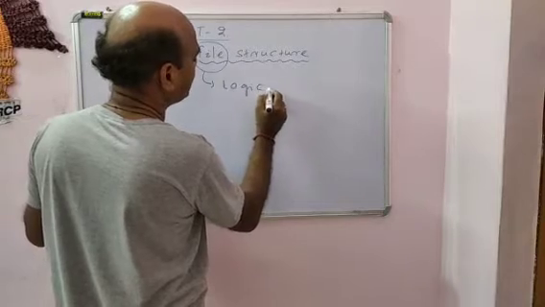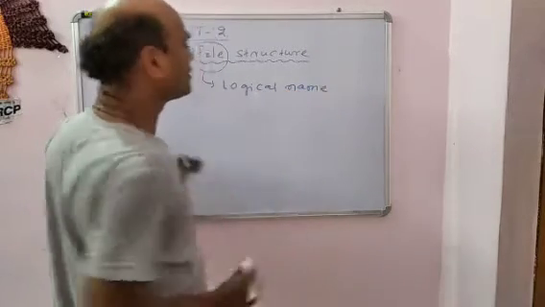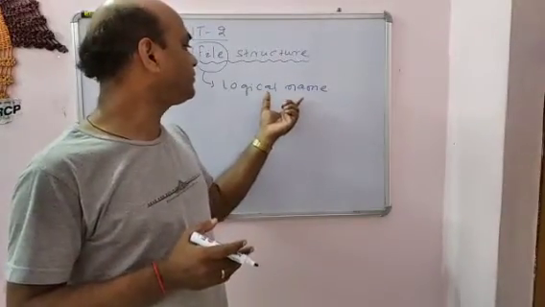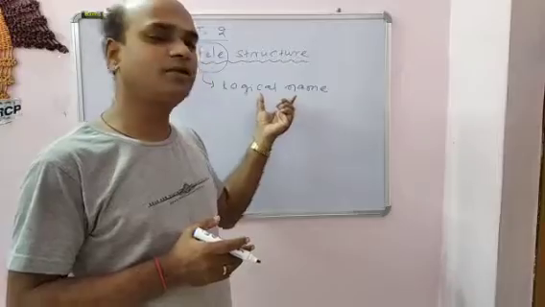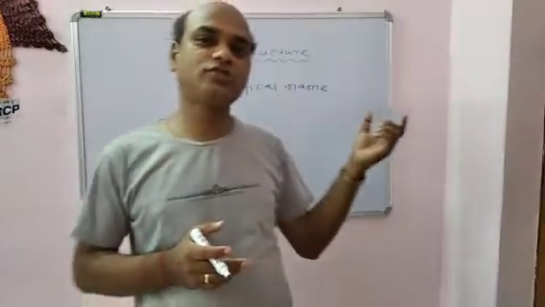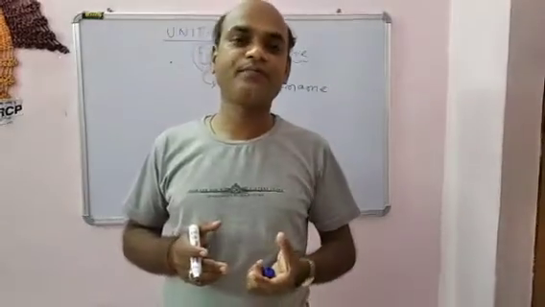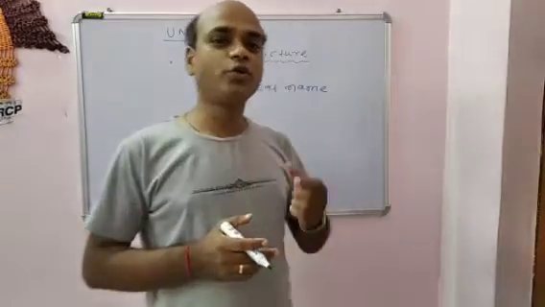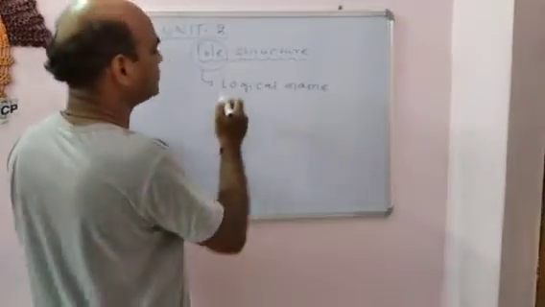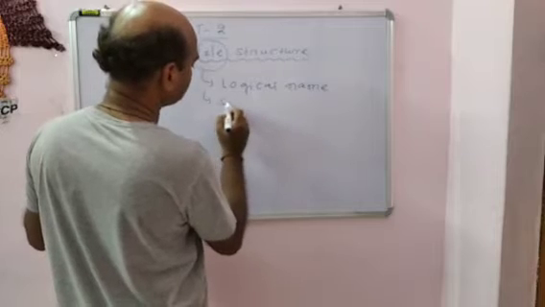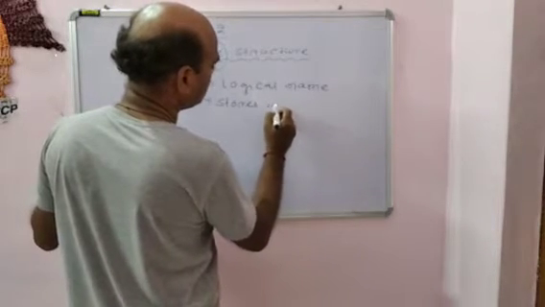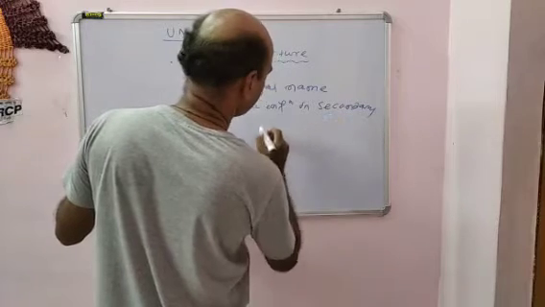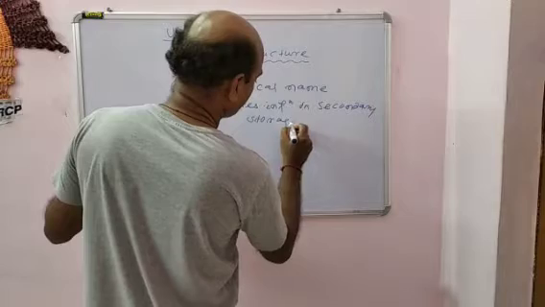It is just a name, a logical name where some information is stored. A file is a logical name that stores information or values like text, an image, a graph, any picture, any information, any data or values in a secondary storage device.